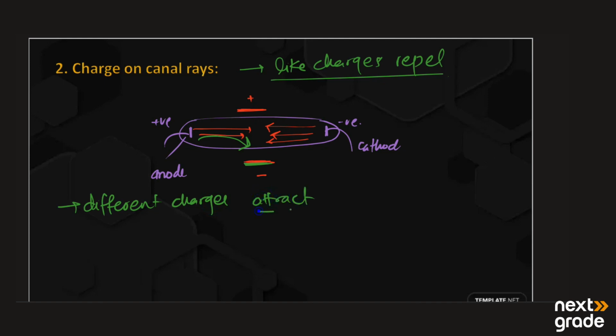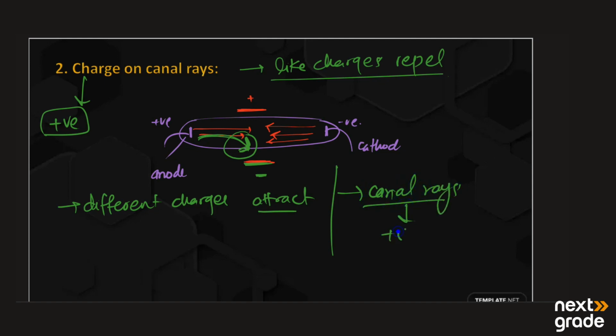So as the canal rays are attracted, or deflected, towards the negative plate, it means these rays have a positive charge. So canal rays are known as positively charged rays, because in the electric field they are deflected towards the negative plate.